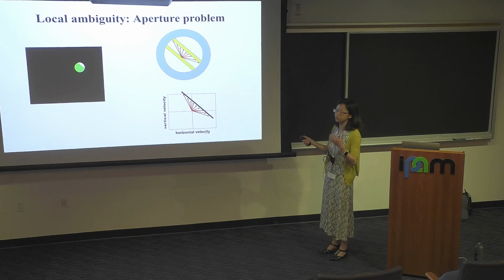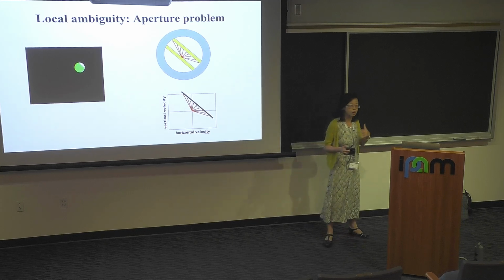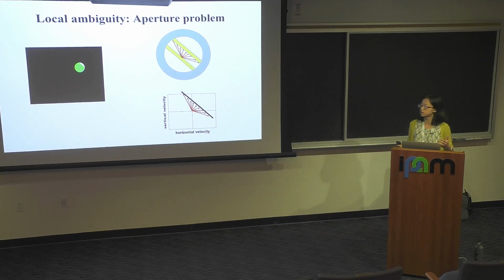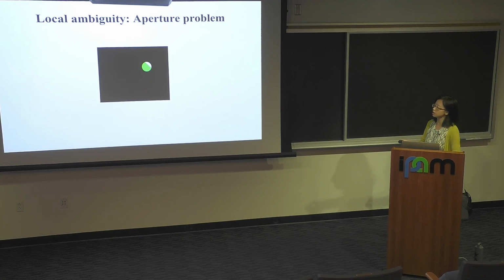That's indicated by these red arrows. They are all reasonable answers to the movement. But what you typically perceive is the shortest one. So what you perceive here is that they go up and down at 45 degrees, and you have some kind of preference to choose among all these possible answers here.